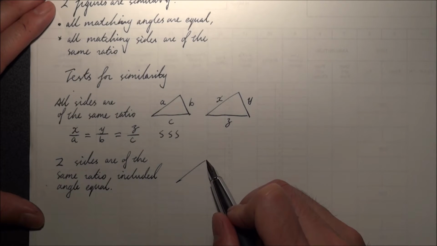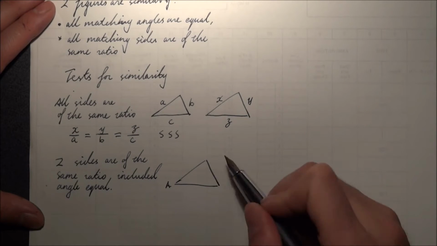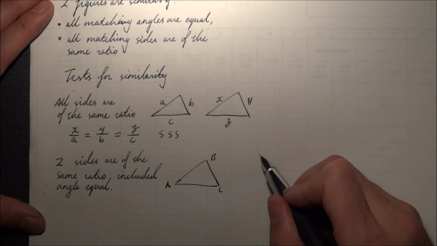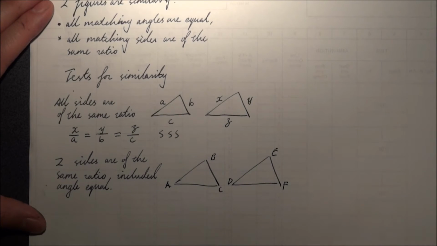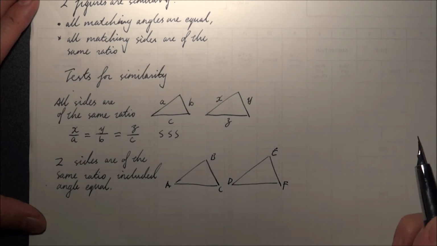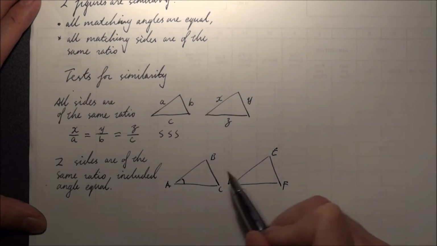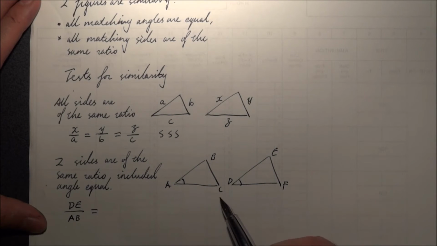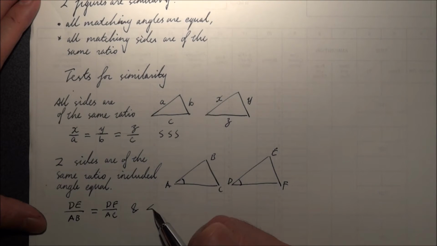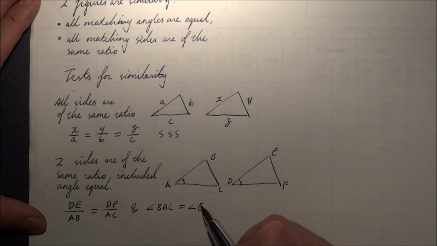So if you have 2 triangles, let's say we have A, B, C, and another one D, E, F. What it means is that, say, DE over AB equals DF over AC, and angle BAC equals angle EDF.